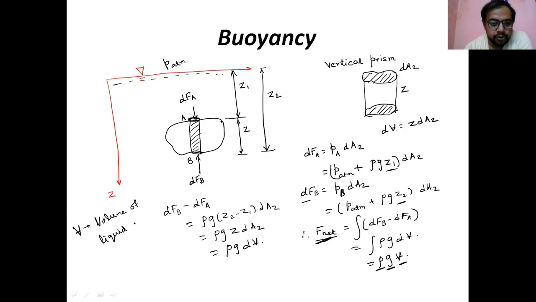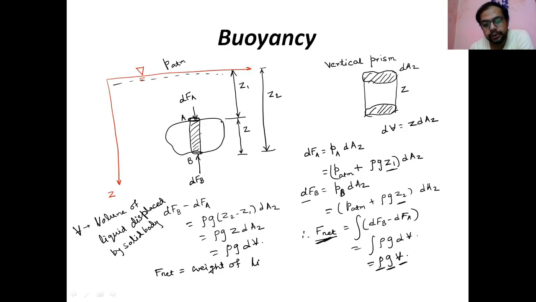So this net force, the upward thrust, is better written in terms of weight, because density into volume gives the mass, and mass into G is the weight.